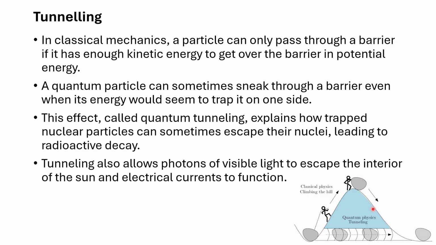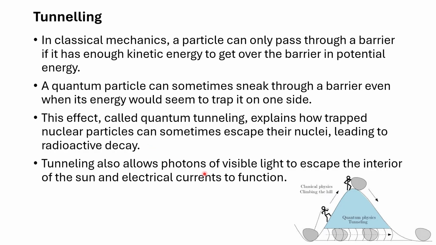Instead of going over this path, it will just sneak through here when its energy would seem to trap it on the other side. This effect is called quantum tunneling, and it explains how trapped nuclear particles can sometimes escape their nuclide, leading to radioactive decay.